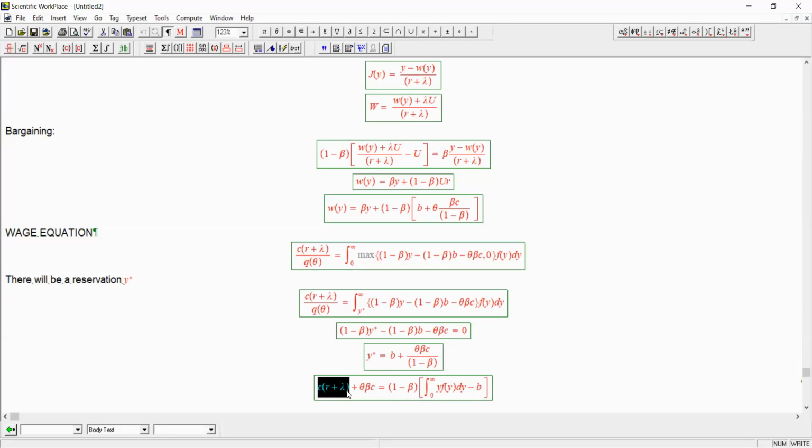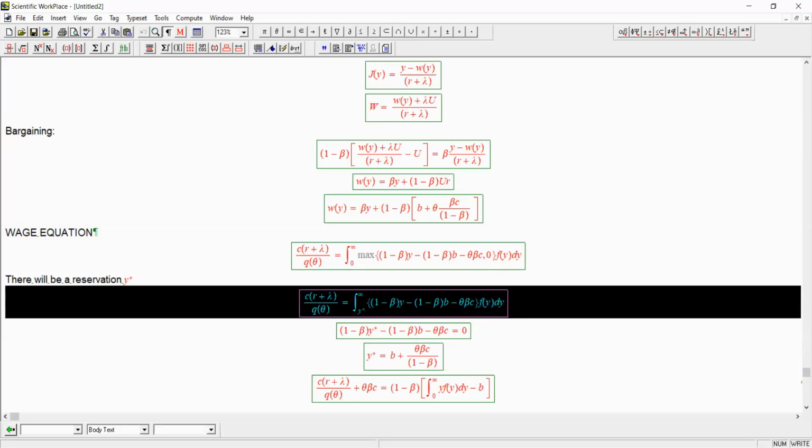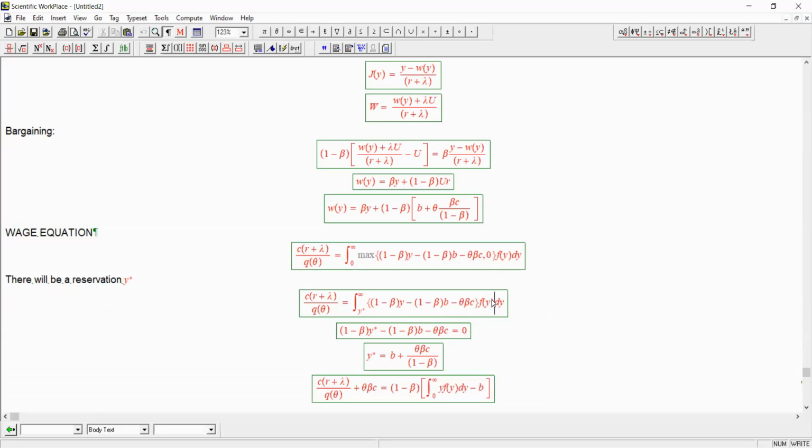So as long as this holds in general, that this is greater than that, then we will have some theta so that this holds. So we do have some parameter restrictions here. But let's just assume that, and so the positive intercept on the theta axis of this line here is positive.